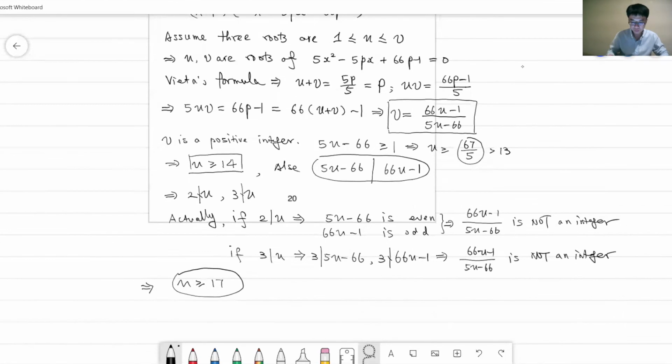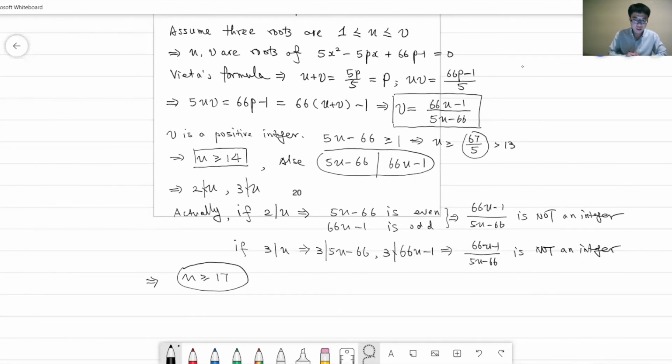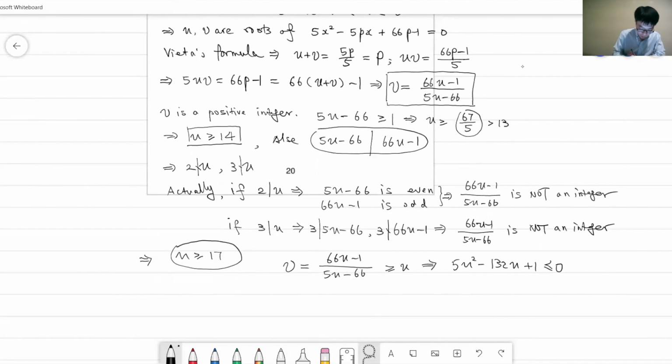Right. On the other hand, we can find an upper bound for the possible value of u because u is less equal to v. So v equals (66u minus 1) over (5u minus 66), and v is larger equal to u. From here, we can get an inequality for u: 5u squared minus 132u plus 1 less equal to 0. And from here, we can find the bound for u.